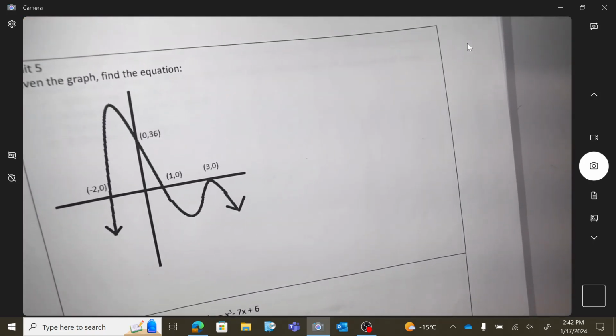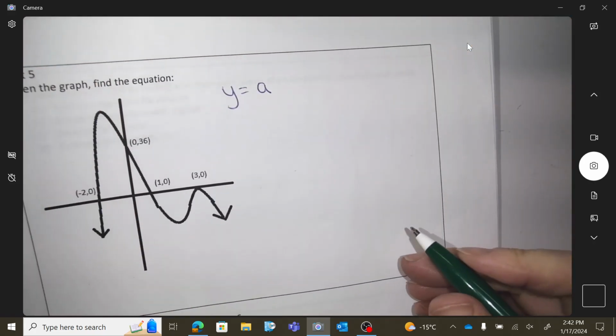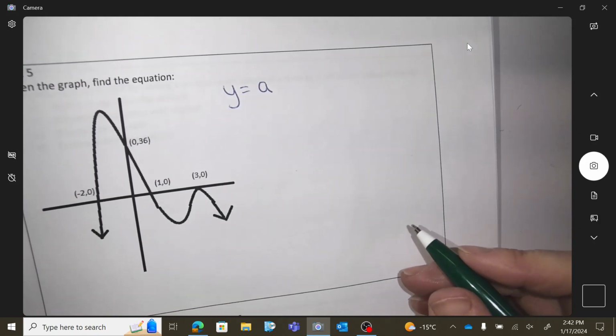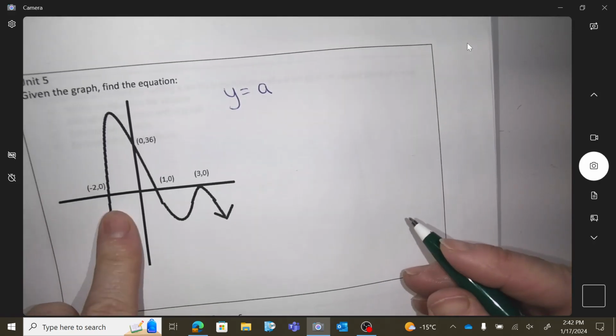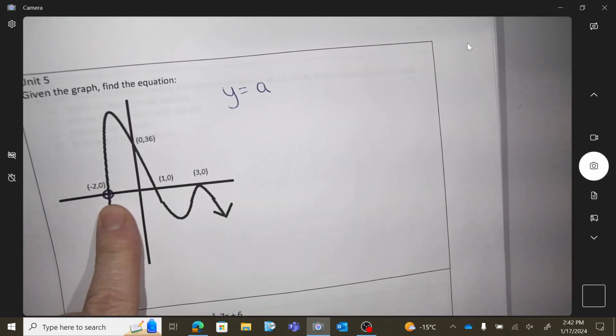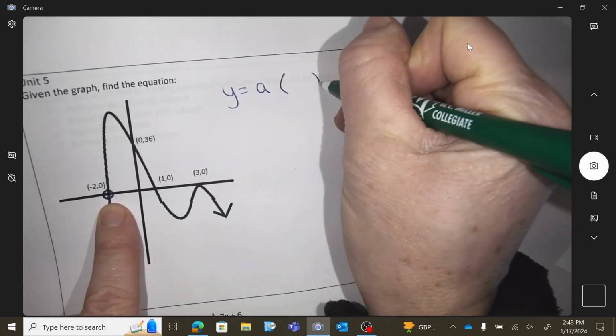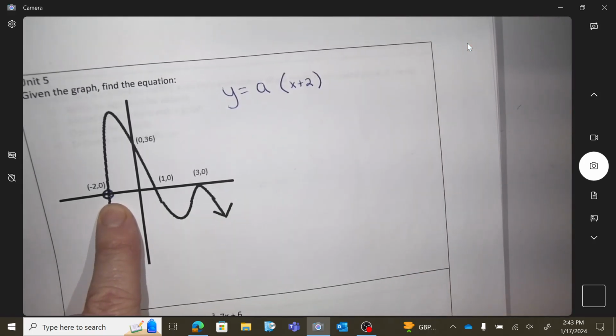Okay, find the equation. Okay, y equals some multiplier, don't know yet. Okay, here is an x-intercept at -2, so I'm going to write a factor x plus 2.